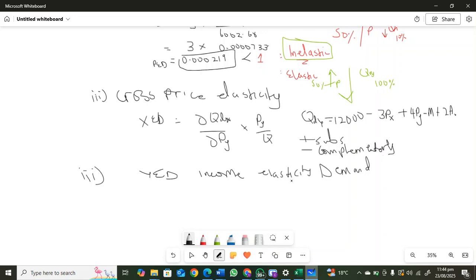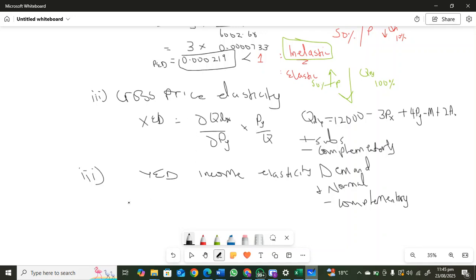So income elasticity of demand: positive, normal good. Negative, inferior good.